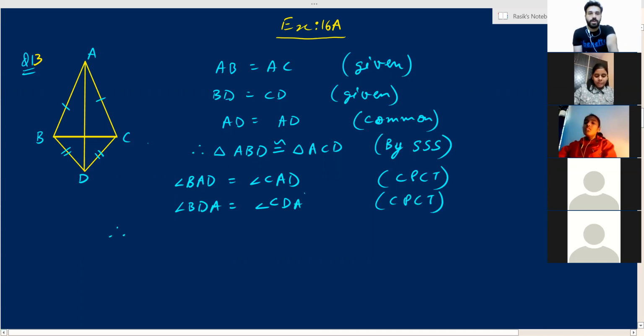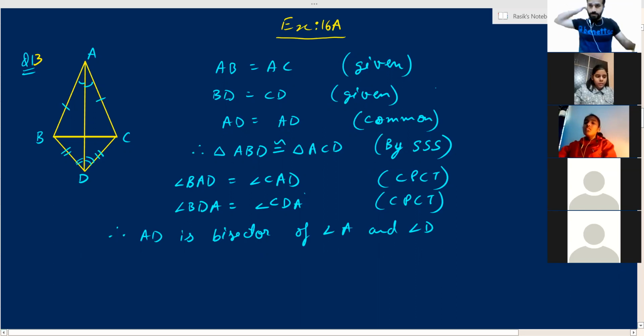Now because we have proved that this is equal to this and this is equal to this, we can say that AD is the bisector of angle A and angle D, hence proved. Okay, got it, everyone?